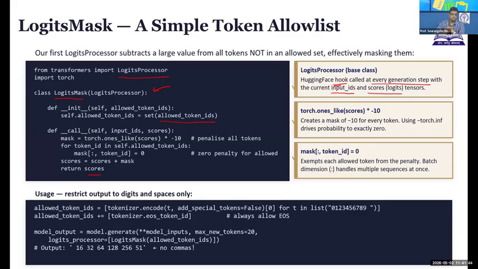In the init, it just sets the allowed token IDs, so you provide it the allowed token IDs. Then in the call step, you get the input IDs and the corresponding scores.